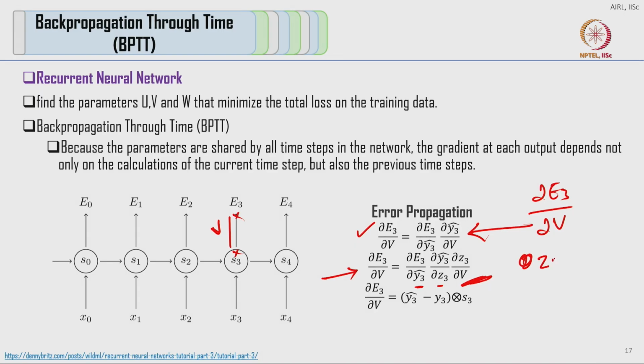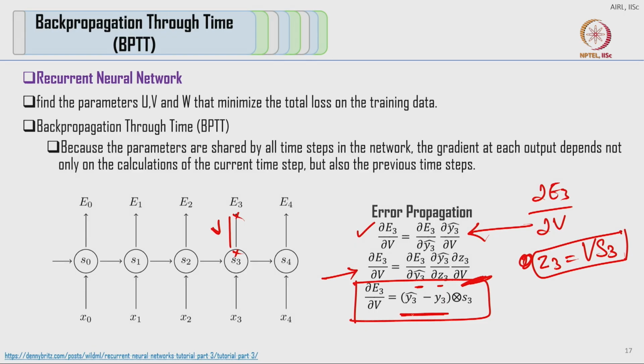Now Z3 can be written as V times S3. Once we solve this equation, we get the final form, which is ∂E3/∂V written as (Ŷ3 minus Y3) times S3.